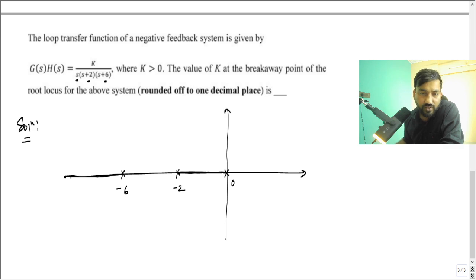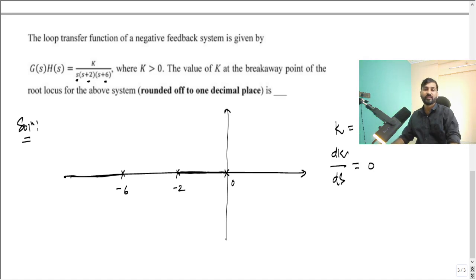Now, instead of going for this approach of finding k, then differentiating dk by ds, equating to 0, finding the s value, and then plugging s into the k expression, what we can do here is find the midpoint between these two points, between -2 and 0, and between minus infinity and -6, in fact between -2 and -6.